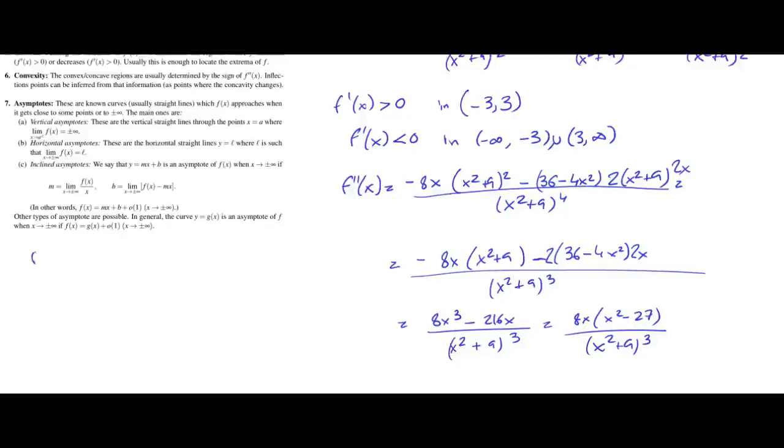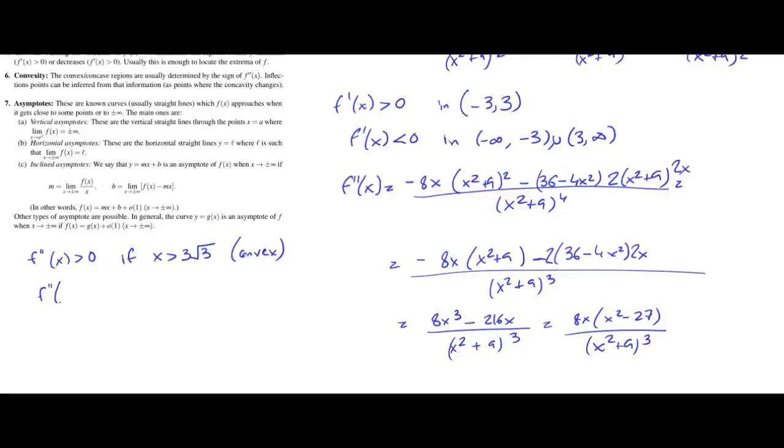So it's positive if x is greater than 3 square root of 3, so the function is convex there.